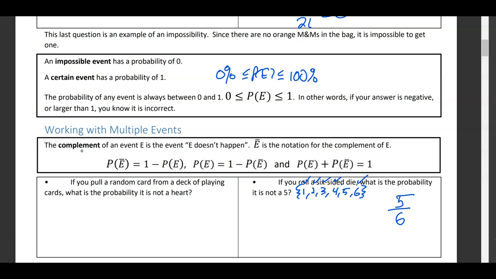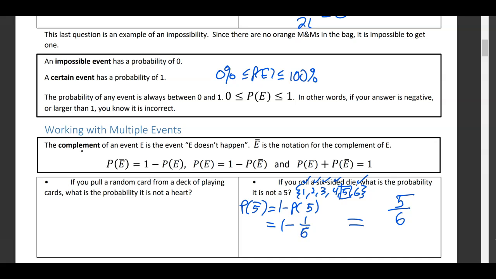But we can also count how many are a 5 and do the probability of not 5 is 1 minus the probability of 5. Let me do it the other way around. The probability of not 5 is 1 minus the probability of 5. 1 minus 1/6.